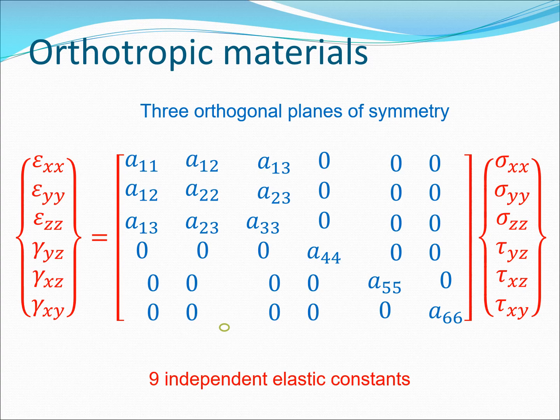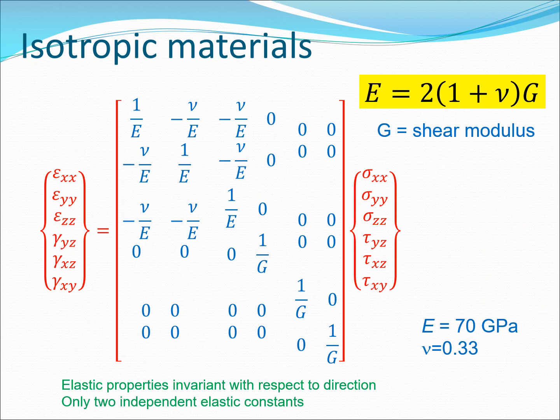Then we came to the material which we often deal with in various mechanics of materials books and in physics books also, which is the isotropic material. For example, aluminum, which has a property such that Young's modulus is 70 GPa and Poisson ratio is 0.33. And so what happens for the isotropic material is that the stress-strain matrix looks like this.